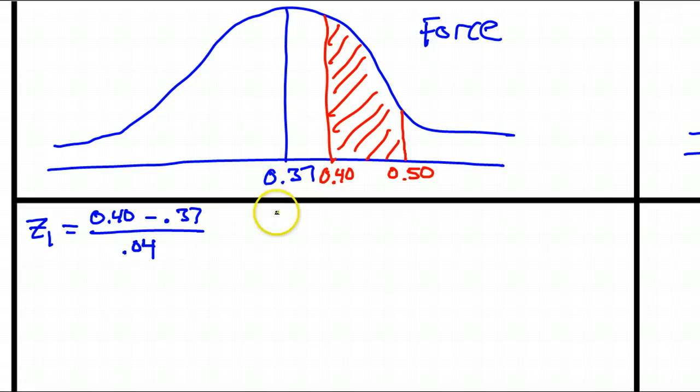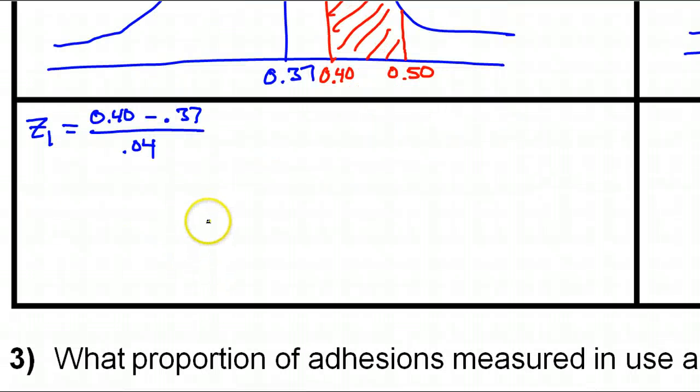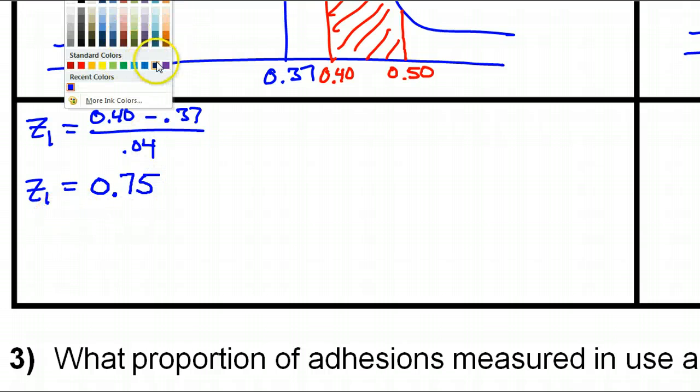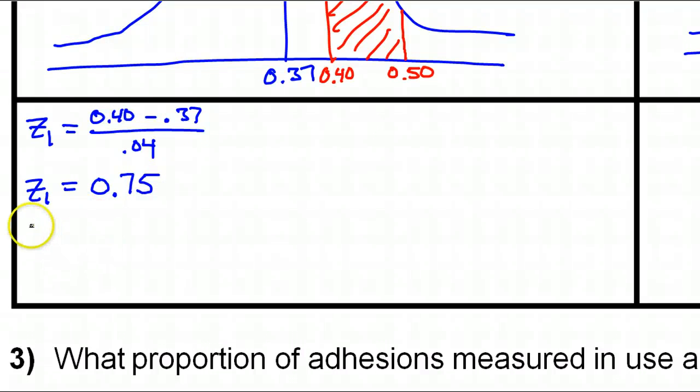That's going to give me z1 in the calculator. So that is 0.75. Okay, that's great, fantastic. Let's go ahead and find z2.